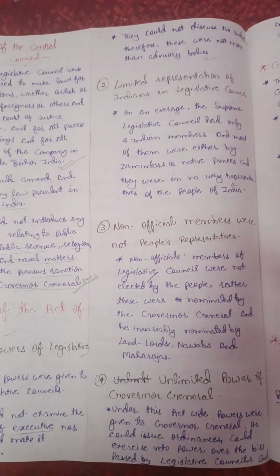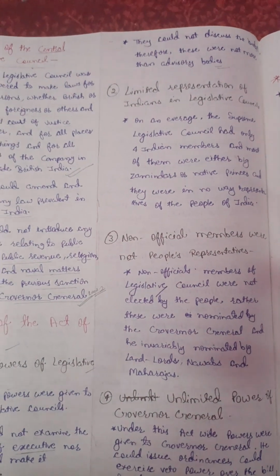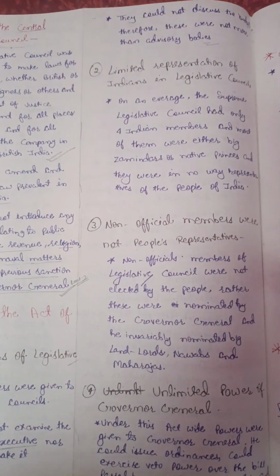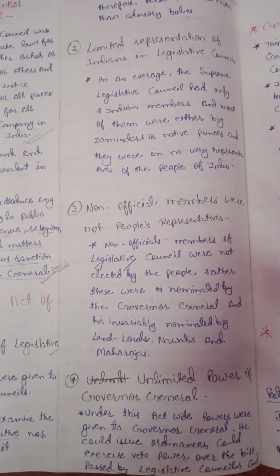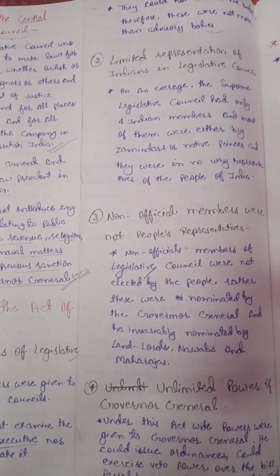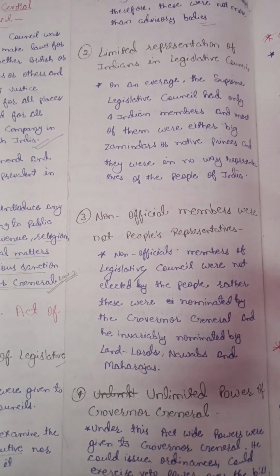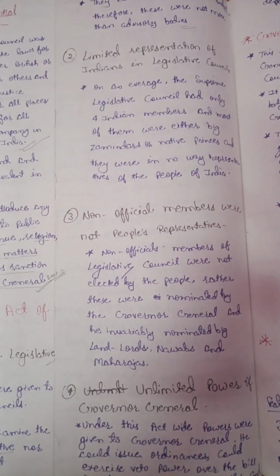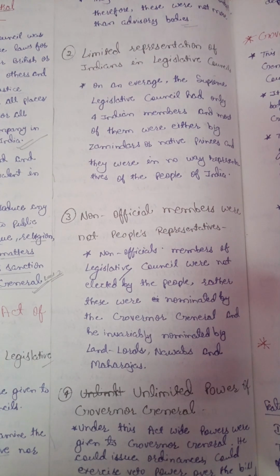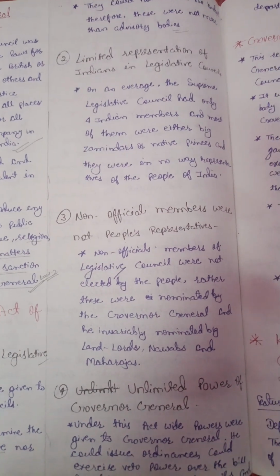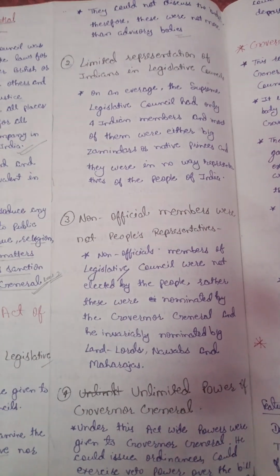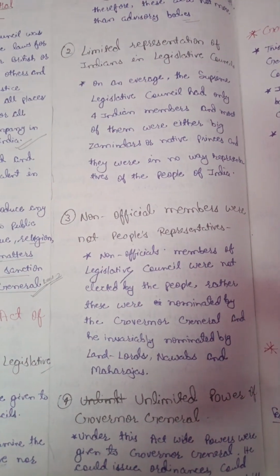So they were not considered true representatives of the Indians, and their numbers were very few compared to that of British officials. Only five additional non-official members were allowed, which the governor could select, including British members also.